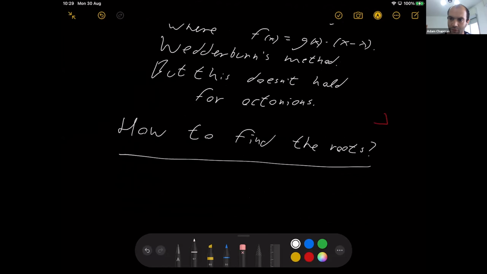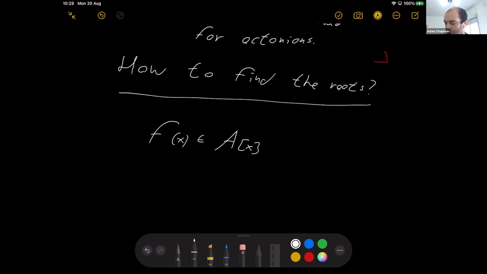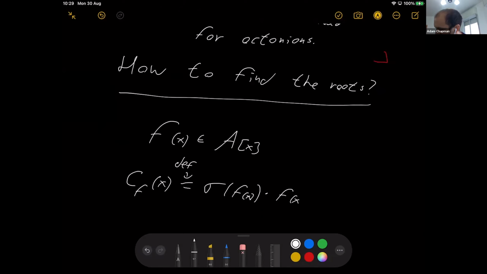People have been working on that over quaternions already before, and apparently the trick is not so different. So what do we do? We have f(x) in this algebra, and we construct a polynomial that I would nickname the companion polynomial of f, c_f(x), which is defined to be sigma f(x) times f(x).